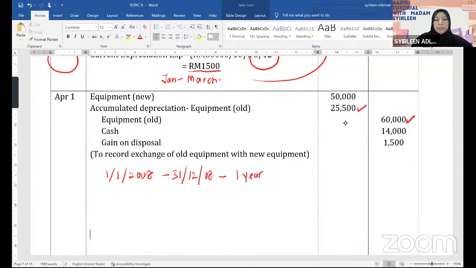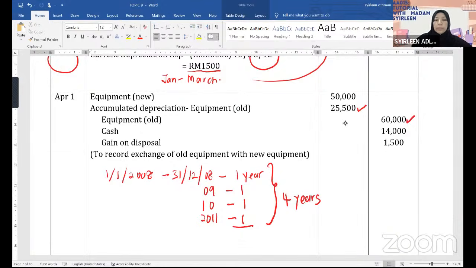So you ada sehingga 2009. This is 1 year. 2010. This is also 1 year. 2011 also 1 year. So dekat sini you ada 4 tahun full 4 years. So yang ini account dah ditutup. So accumulated depreciation dia dah masuk dalam accounts.